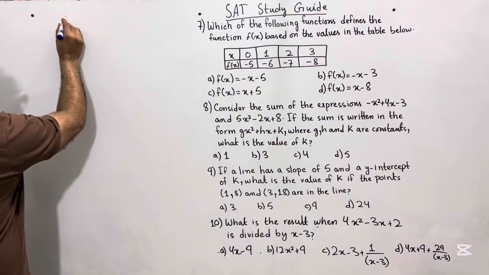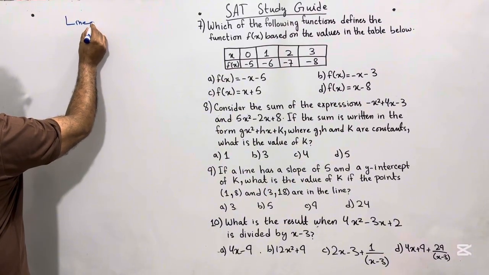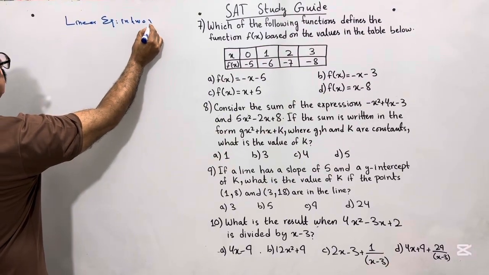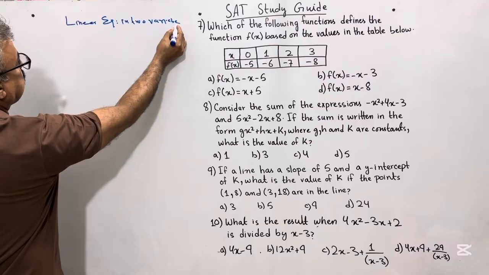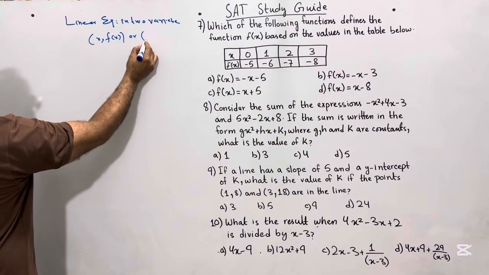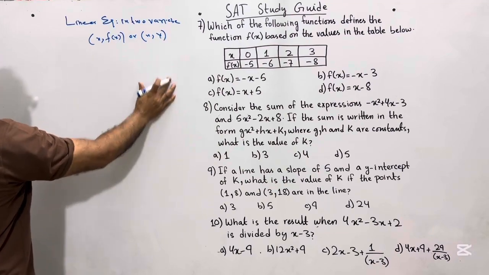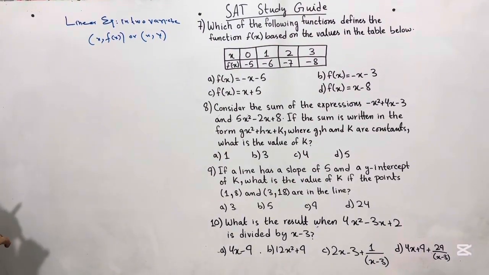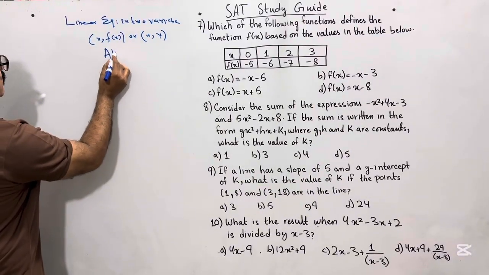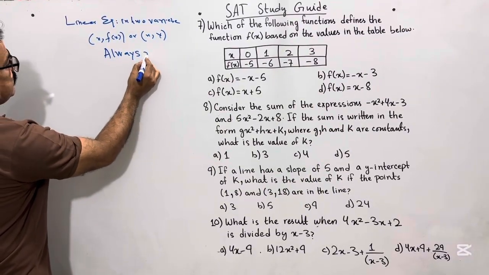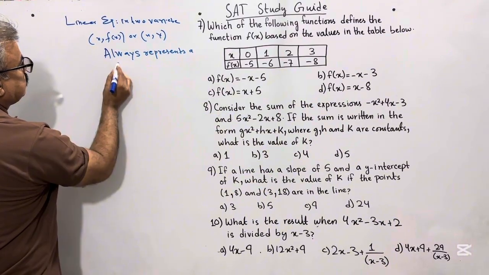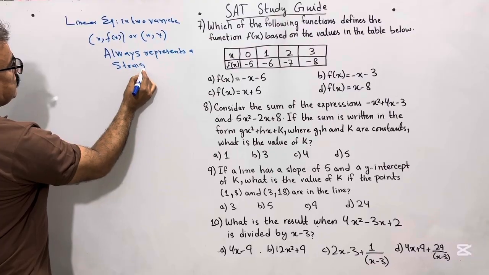A linear equation in two variables, that is x and f of x, or some writers write f of x as y, always represents a straight line.